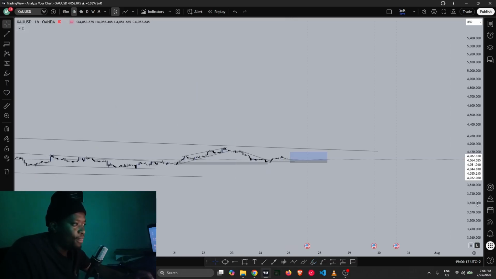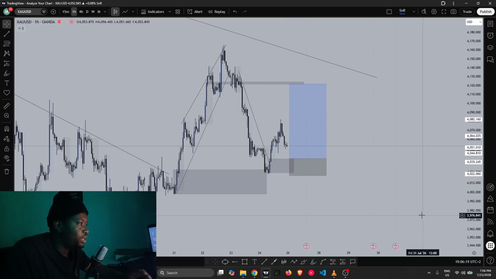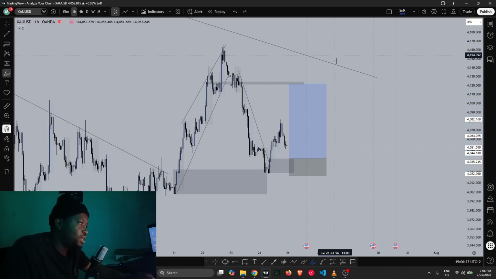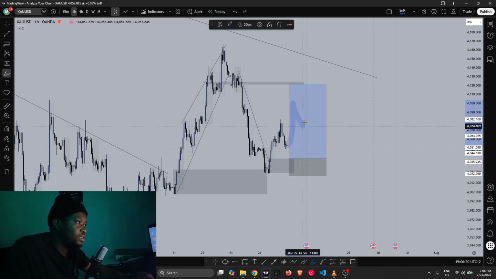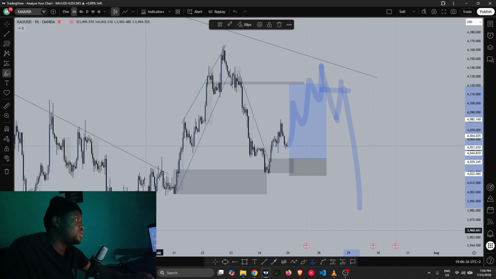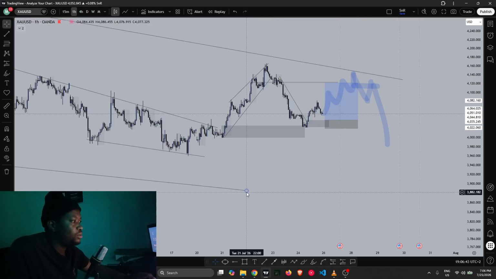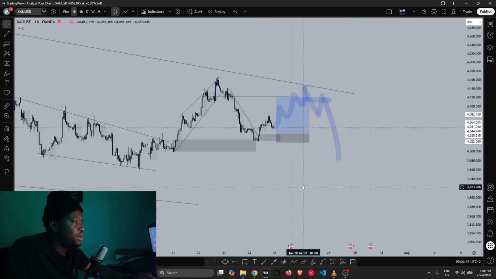So for now, we're going to be playing it safe, targeting inside the range, and if the market does not break out of this, then the game plan might be something like this: create swing points, point of the break, retest, we continue to the downside, and this continuation, where are we going? Possibly coming to retest these levels somewhere around here.